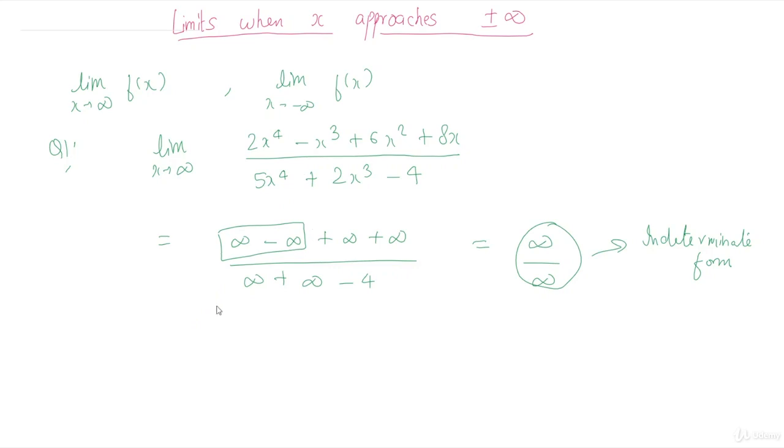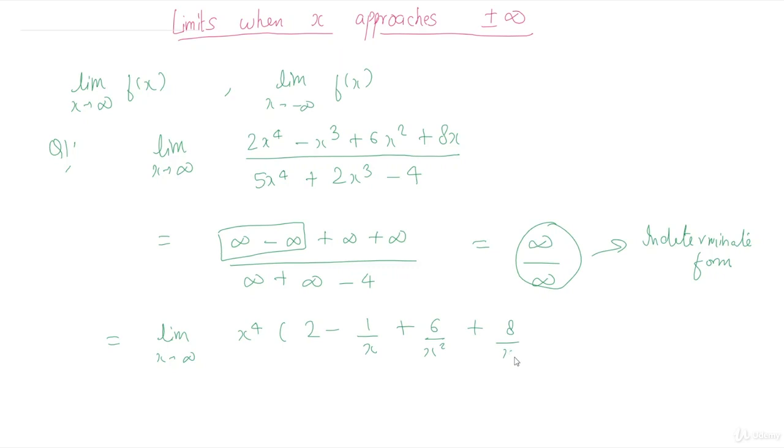So this will be the limit as x approaches infinity. Let's take out x to the power 4 common. The numerator will be 1 minus 1 by x plus 6 by x square plus 8 by x cube.